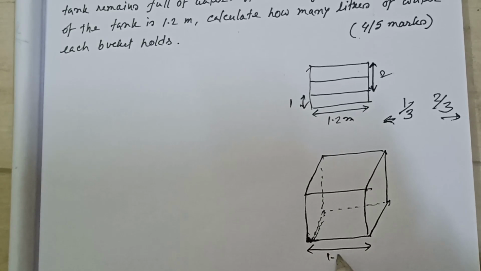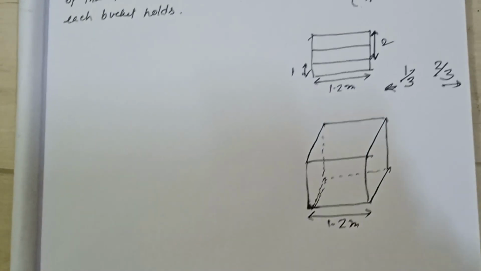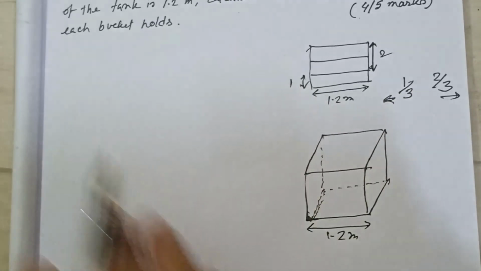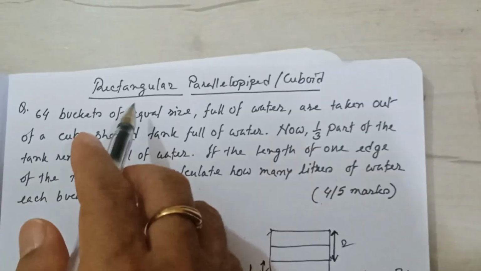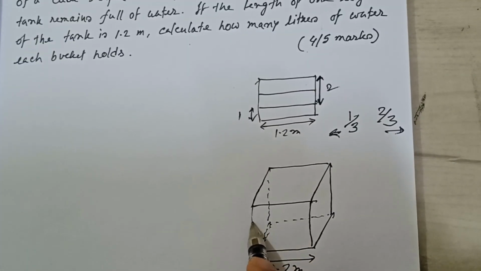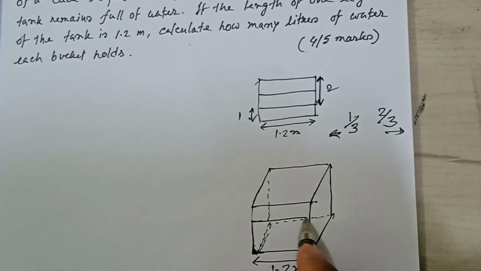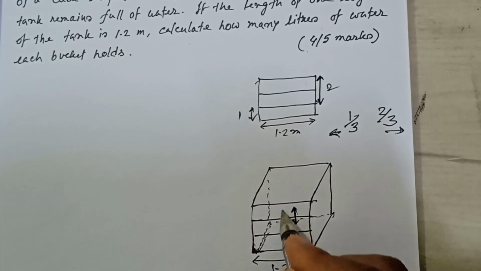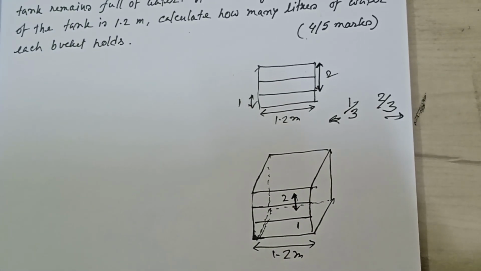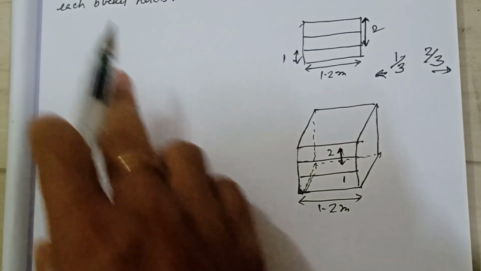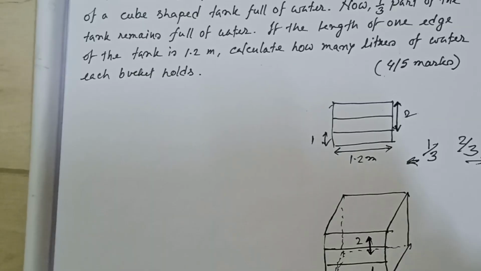This is 1.2 meter. So one third part remains after taking some water out by using some buckets. 64 buckets are used to take out some water. So if we divide the total water into three parts, then one part remains and two parts are taken out by 64 buckets of water. That is what the problem says.